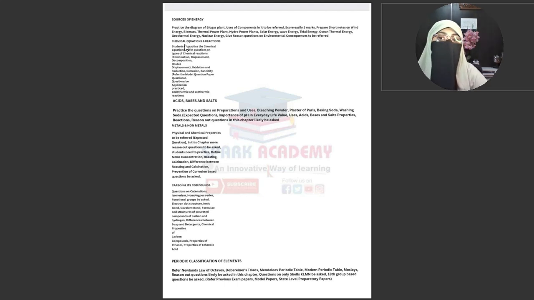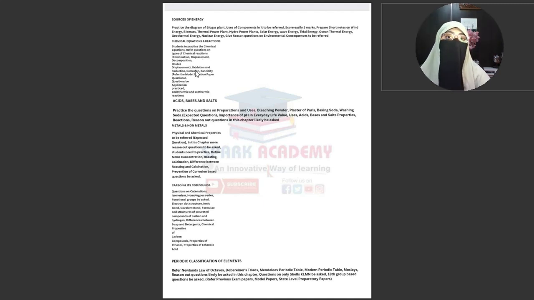Now coming on to the next chapter, that is chemical equations and reactions. The chapters which I am discussing now are according to the blueprint. I am coming from the point of view of which chapter or unit holds the maximum marks. Okay, so chemical equations and reactions. In this you need to refer to the types of chemical reactions: combination, decomposition, displacement, double displacement, and differences between oxidation and reduction reactions.